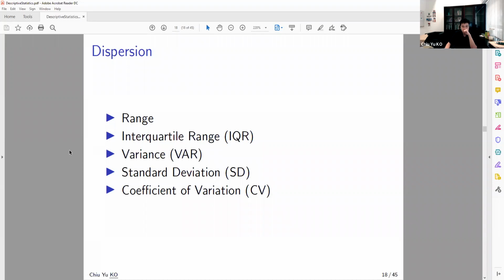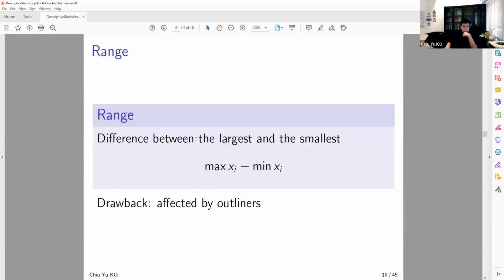So let's get started. The very easiest one is the range. The definition of range is very simple: just find the biggest minus the smallest. That shows how accurate the mean is, because the mean is in the middle, and if the range is large, then by definition the data would be far away from the mean.